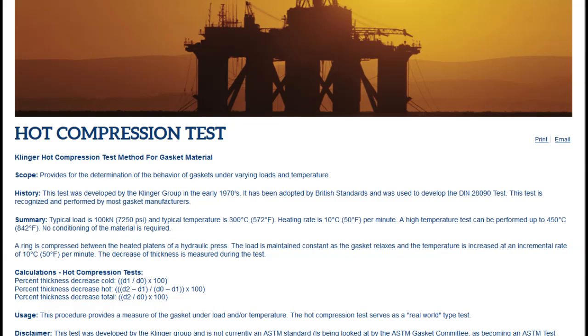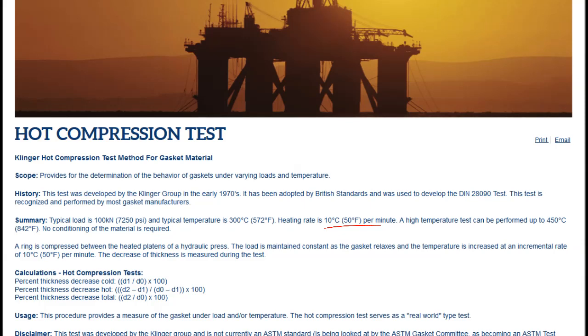As I had mentioned, at 7,250 PSI, we're looking at 572 degrees Fahrenheit. We increase heat incrementally, 50 degrees at a time, in a 1 minute interval.